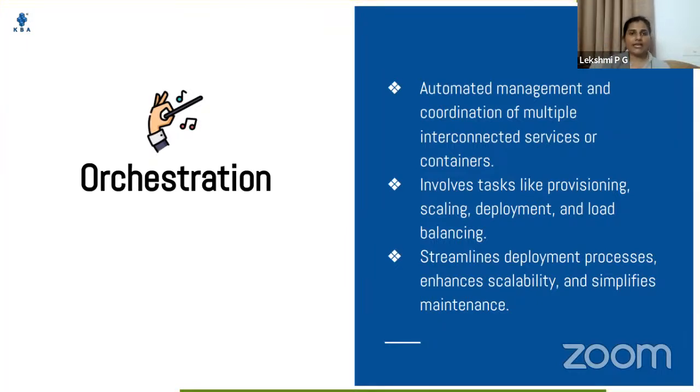This particular backend server may be running in different parts of the world. We are imagining each server running in a different part of the world as a container. So there should be some mechanism to orchestrate these containers.